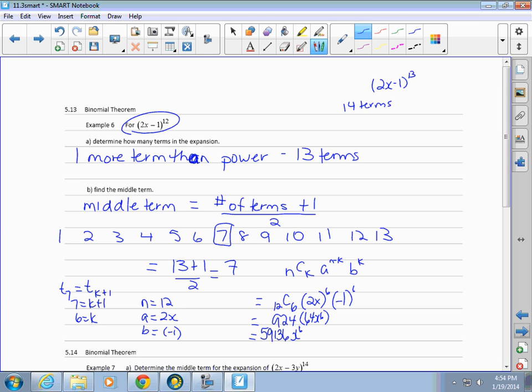If I use my middle term formula, this would be 14 plus 1 divided by 2. So 15 divided by 2 is 7.5. I don't have a 7.5th term. I have a 7th term and an 8th term. So you can only find a middle term when you are working with an even power.